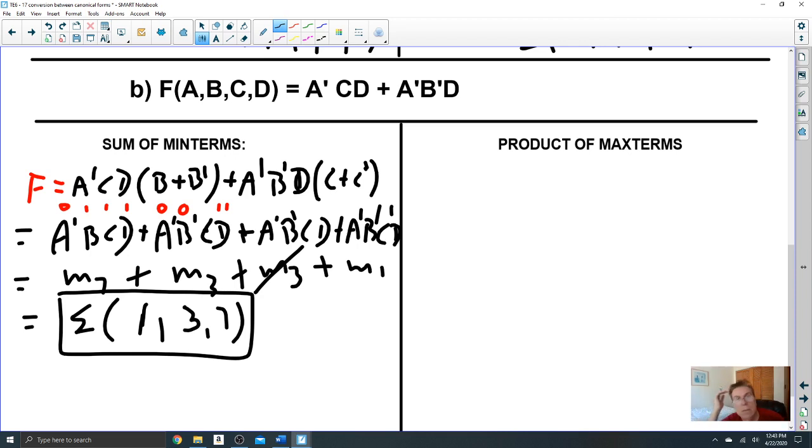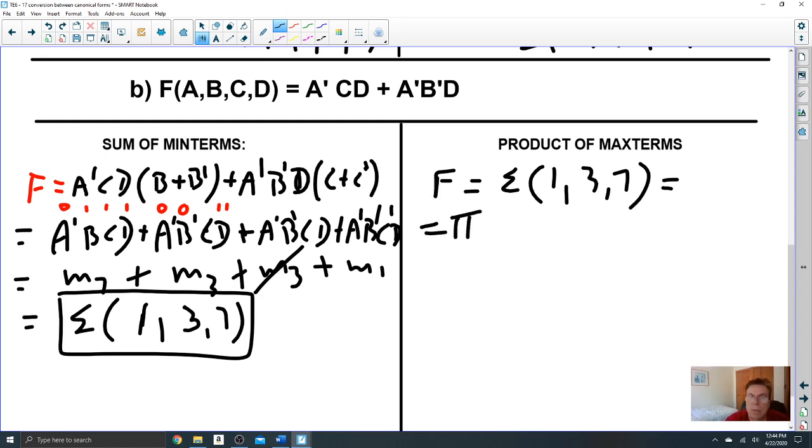It would be very hard to develop it into a product of maxterms, but knowing that this function is equal to the sum of minterms 1, 3, and 7, we know that the same function is equal to the product of the complementary maxterms. That means 0 is here, 1 is not here, but 2 is here. 3 is not here, but 4, 5, 6 are here.